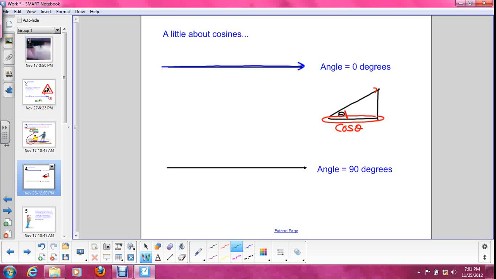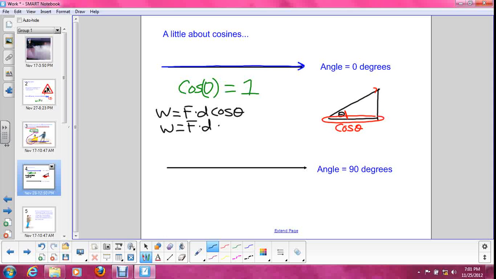An easier way to see that is if you plug the cosine of 0 into your calculator, it turns out to be 1. So when you plug that into your equation, work equals force times distance cosine theta, work equals force times distance times 1, work equals force times distance.